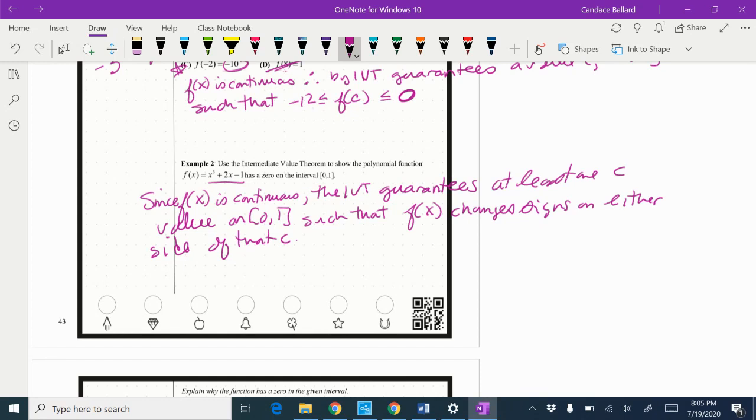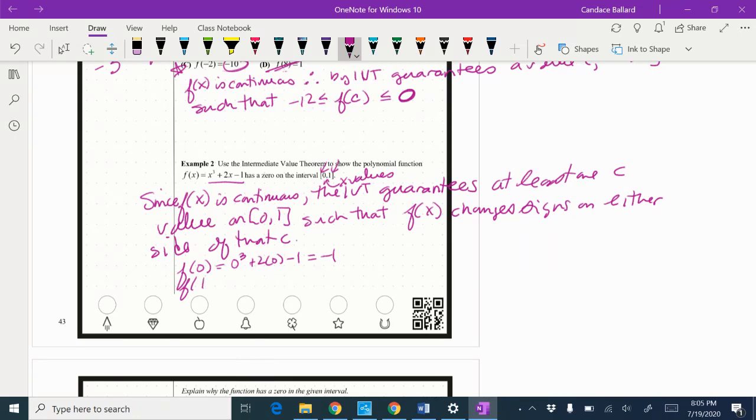Okay, so we're supposed to be showing that we have a 0 here. So what I really need to do is I need to calculate what the y values are that match these x values, and the interval is always in x values. Okay, so I'm going to do those calculations. So f of 0 equals 0 cubed plus 2 times 0 minus 1, which is -1.